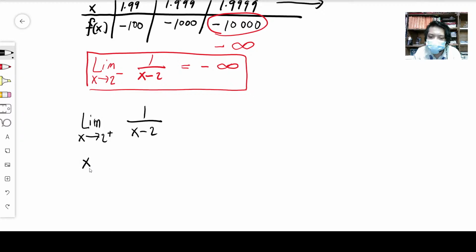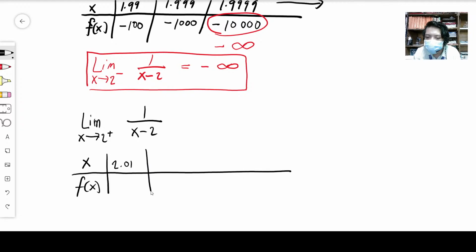So you have to construct the table of values, x and f of x. Coming from the right, these are 2.01, approaching 2.001, 2.0001, and so on and so forth.